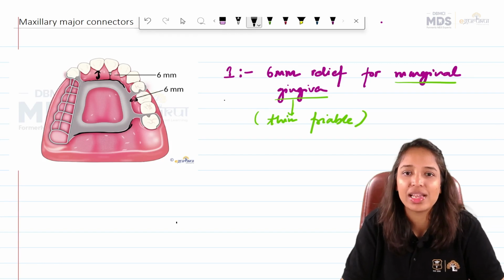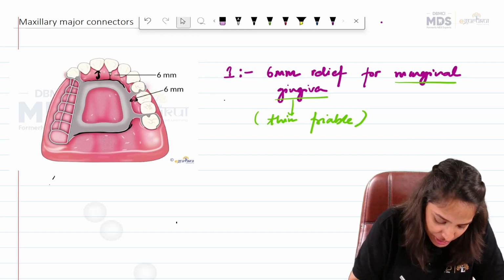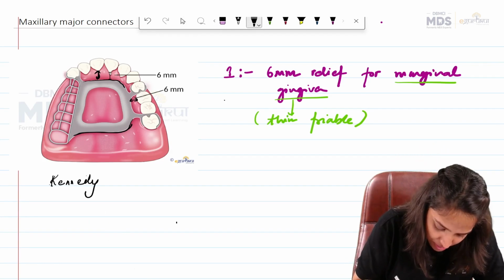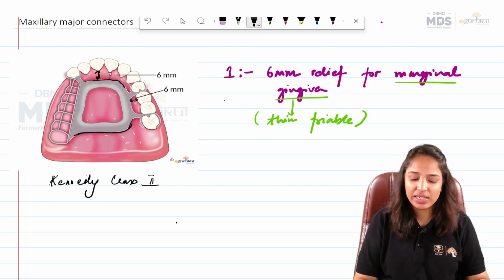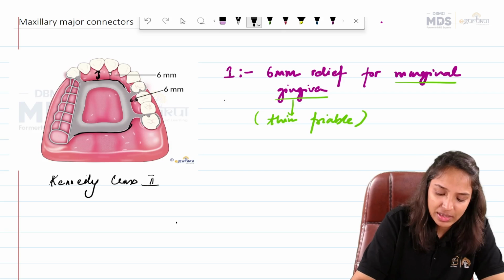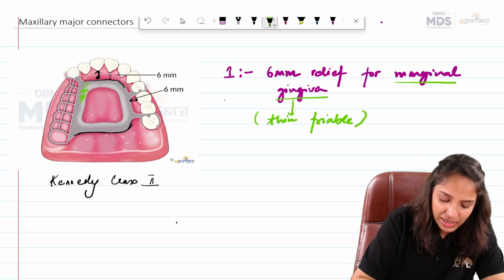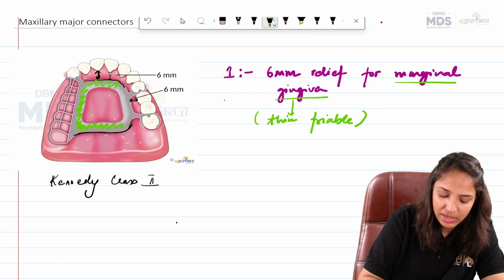This is a Kennedy class 2 situation, and the part that I'm highlighting in green is my maxillary major connector.